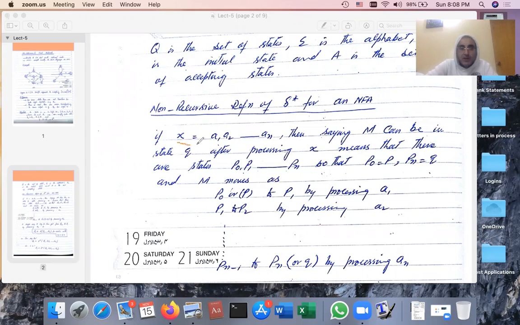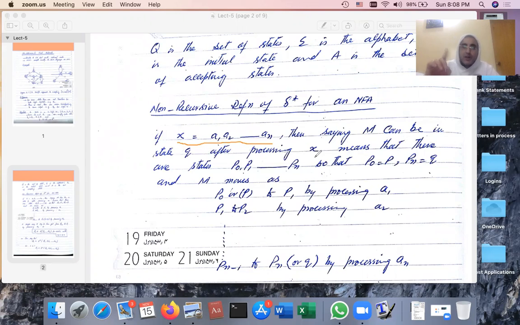So if x is equal to a1 a2 and so on to an, so if x is a string containing alphabets, for example a1 a2 and so on an, then saying M can be in state q after processing x.